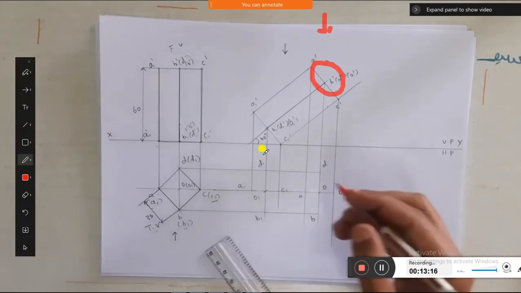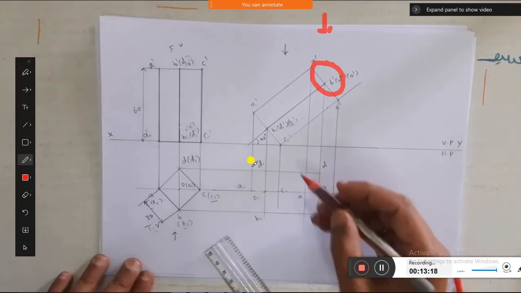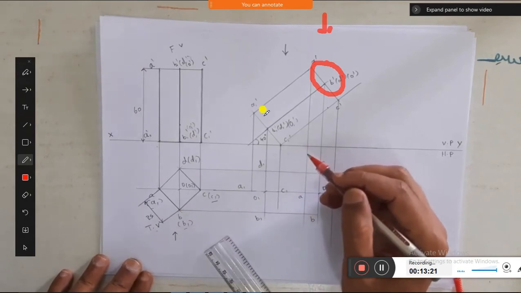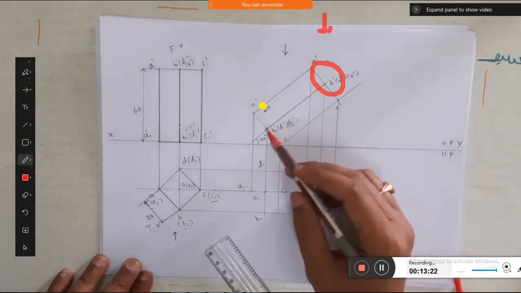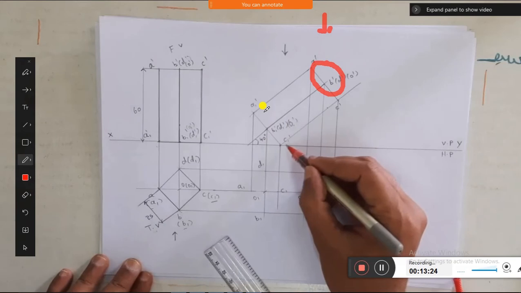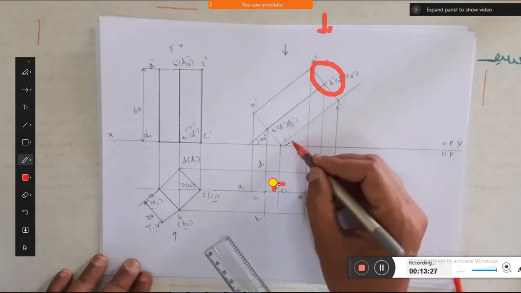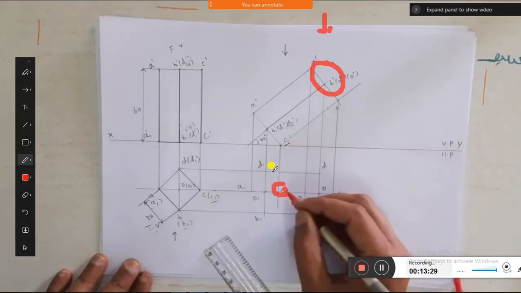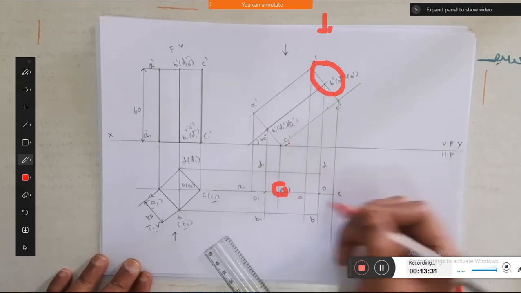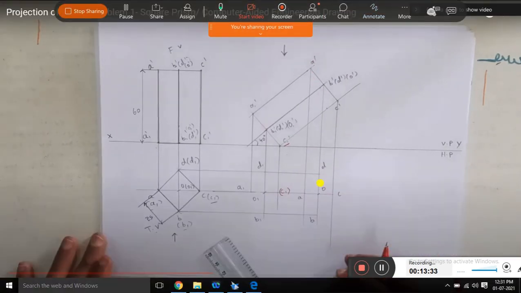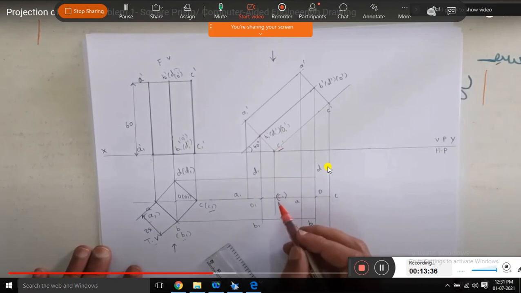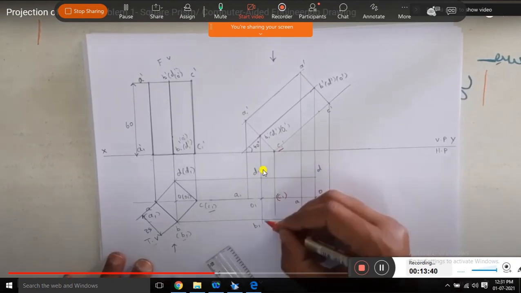Then go for invisible. So in the invisible, this A1 to B1 is visible, A1 to D1 is visible. But C1 dash is not visible. So C1 to D1 is dotted and C1 to B1 is dotted because it is not visible. So first you have to join all the visibles, then we go with the invisible.